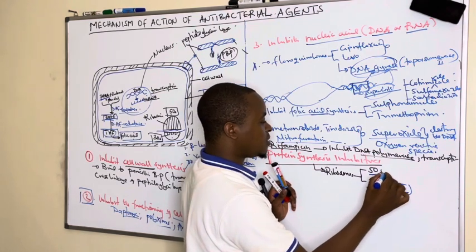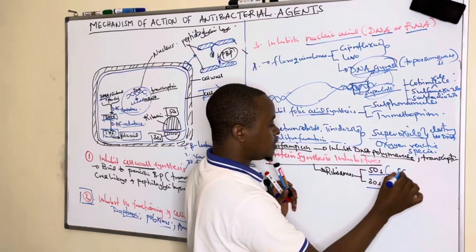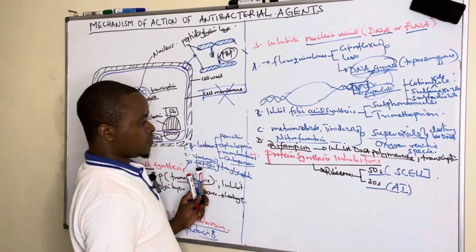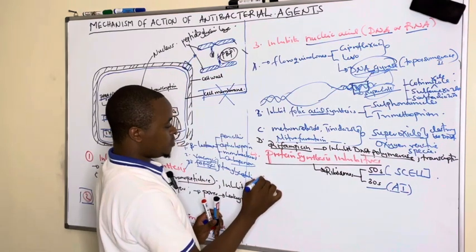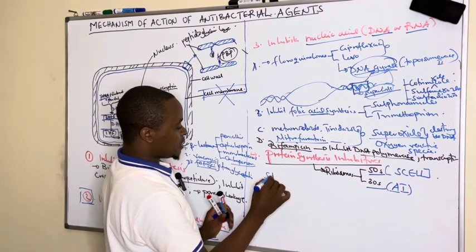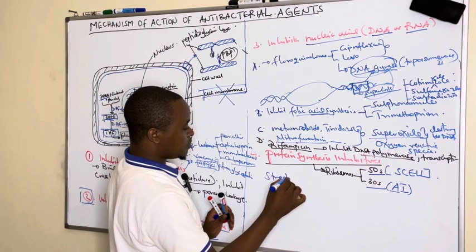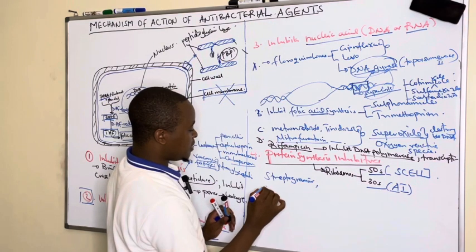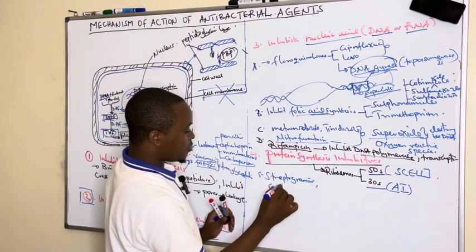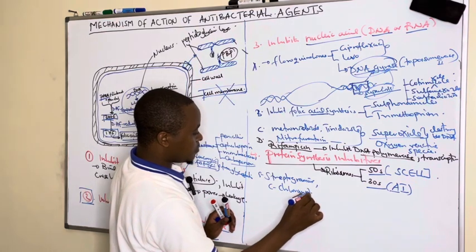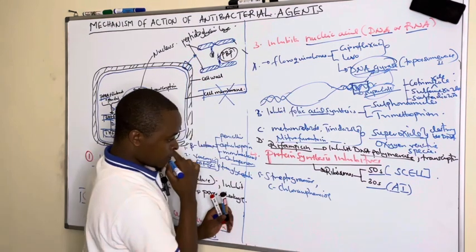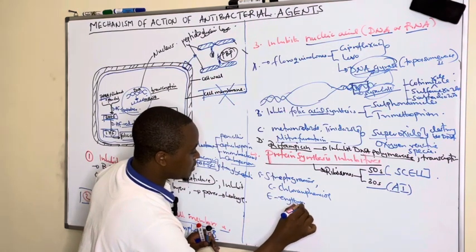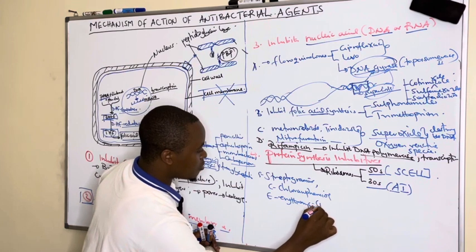Then for 50S, we have a mnemonic known as CELL, whereby S stands for streptogramins. Then the C stands for chloramphenicol. Then E is erythromycin, but whenever I see erythromycin, I think of macrolides.